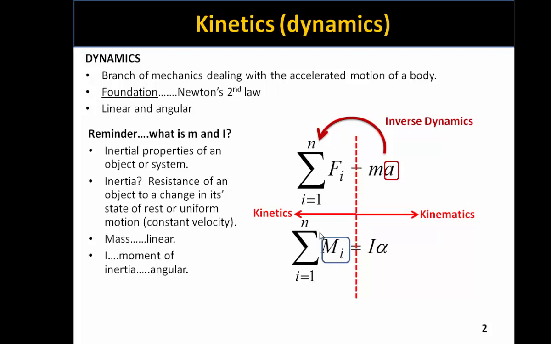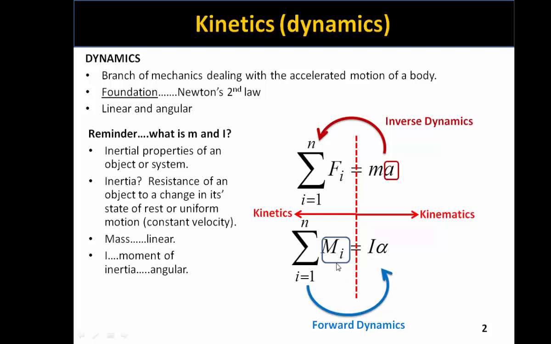Now, if we have information related to the forces generated on a system, can we predict what the kinematics would be? And from an analytical perspective, yes, we can. That process is referred to as forward dynamics, where we read equations left to right, essentially reading them in a forward direction in this analysis.